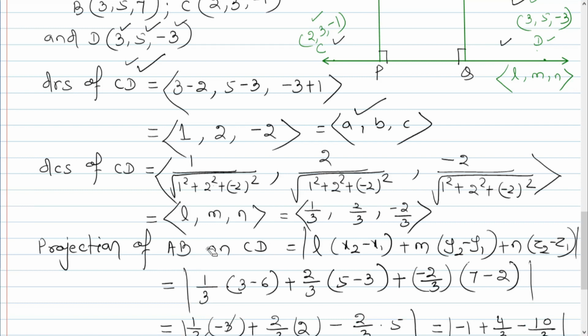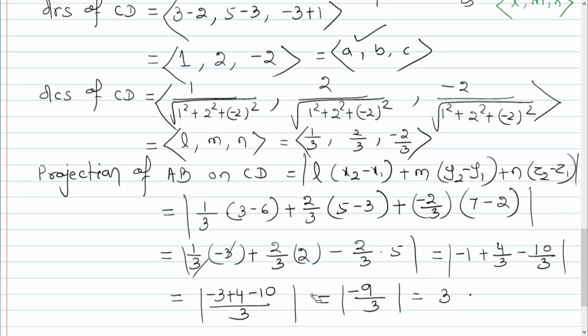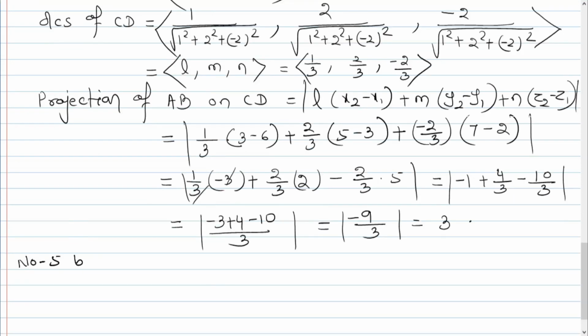The projection of AB on CD: the coordinates of A and B are x1, y1, z1 and x2, y2, z2. So modulus of L into x2 minus x1 plus m into y2 minus y1 plus n into z2 minus z1, and the answer is the projection of the line segment AB on the line CD.